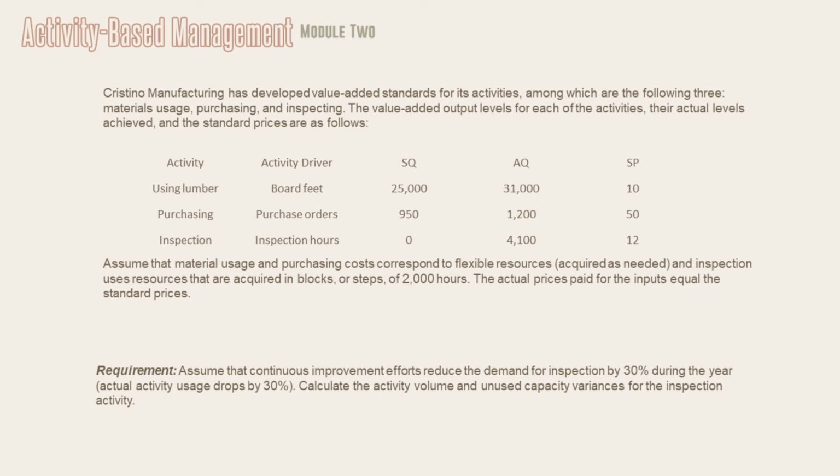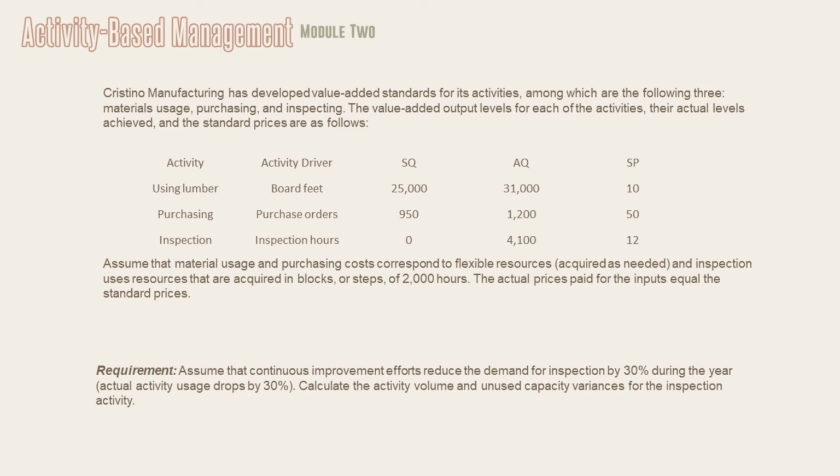Assume that the material usage and purchasing costs correspond to flexible resources acquired as needed, and inspection uses resources that are acquired in blocks or steps of 2,000 hours. The actual prices paid for the inputs equal the standard prices.